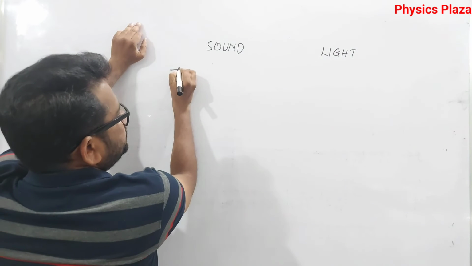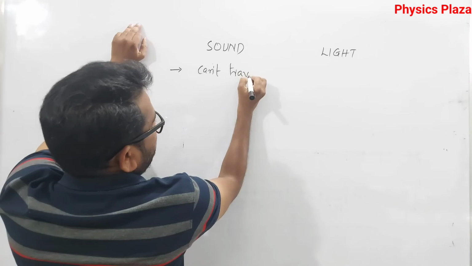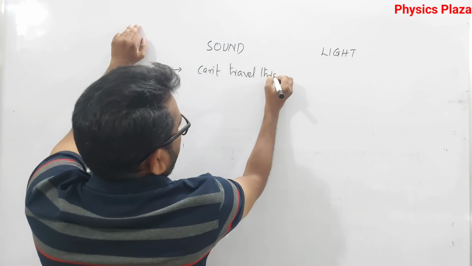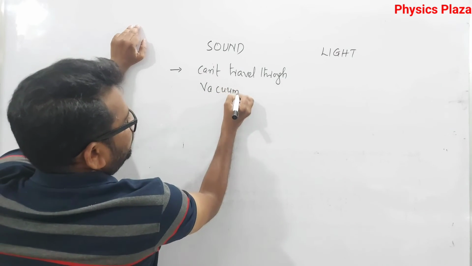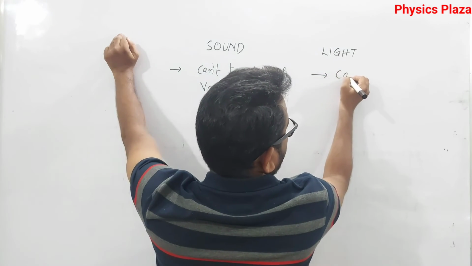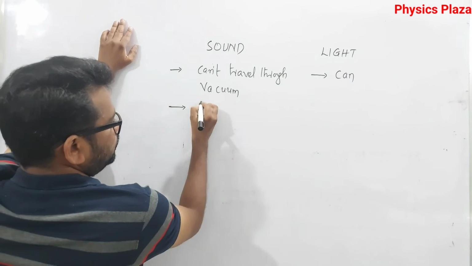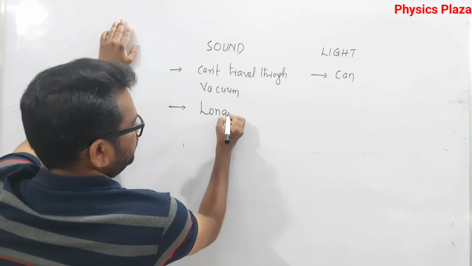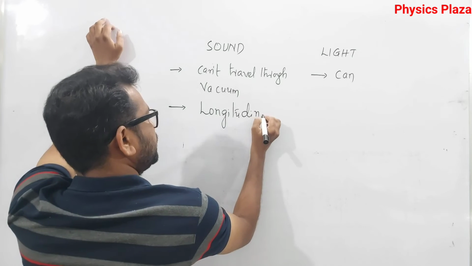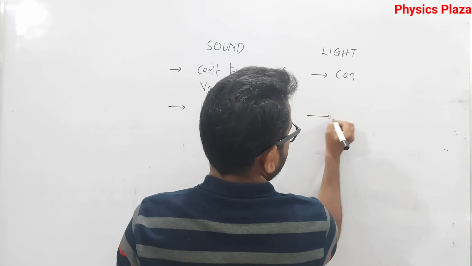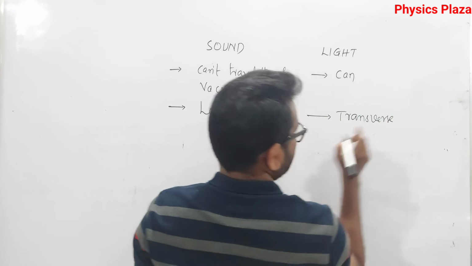So here sound cannot travel through vacuum. Am I right? Yes. But children, light can travel. Sound belongs to the longitudinal wave, whereas light comes under the transverse wave.